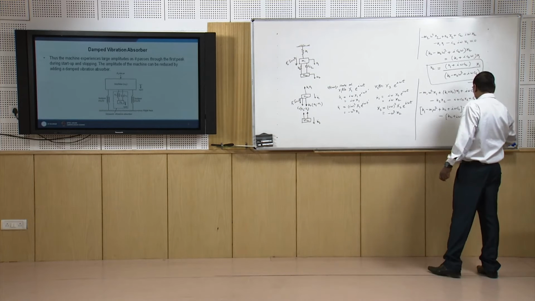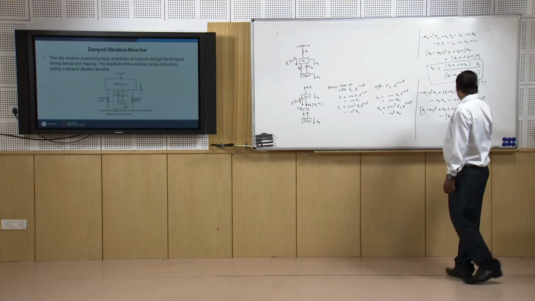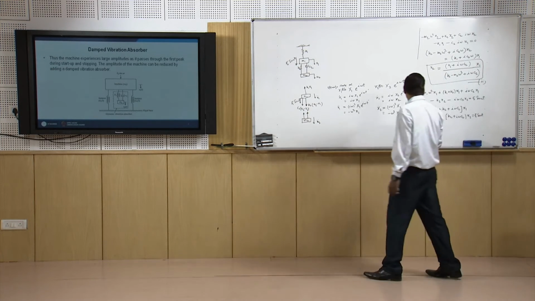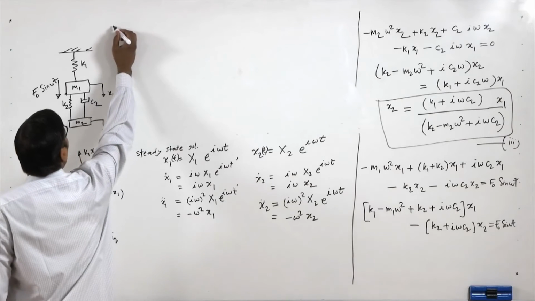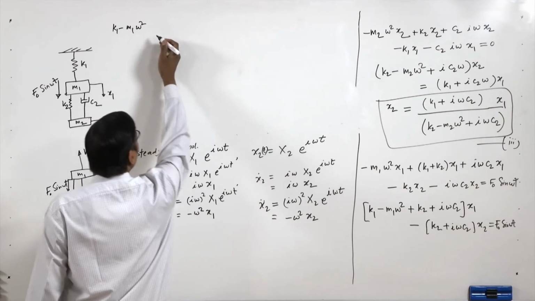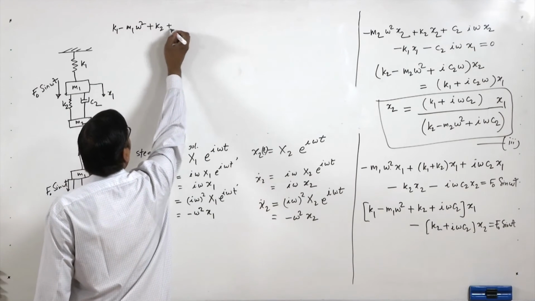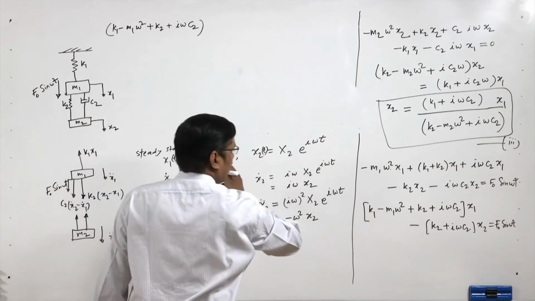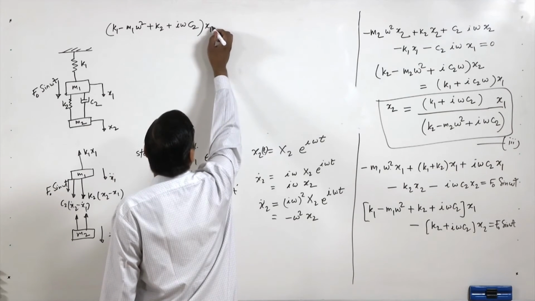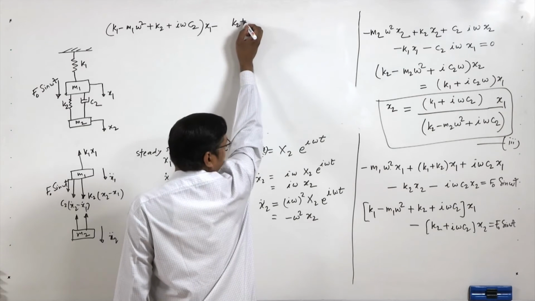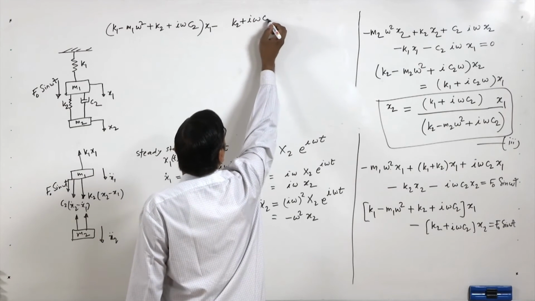So now we can put x2 from here, so this equation will come in terms of x1. So here we have k1 minus m1 omega square plus k2 plus I omega c2, x1, minus k2 plus I omega c2.